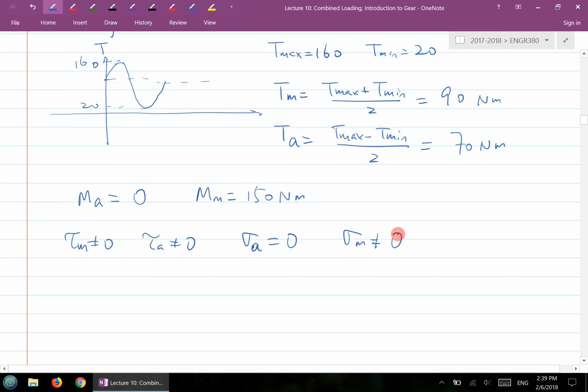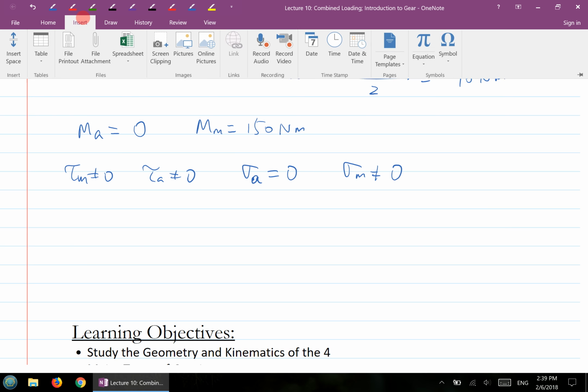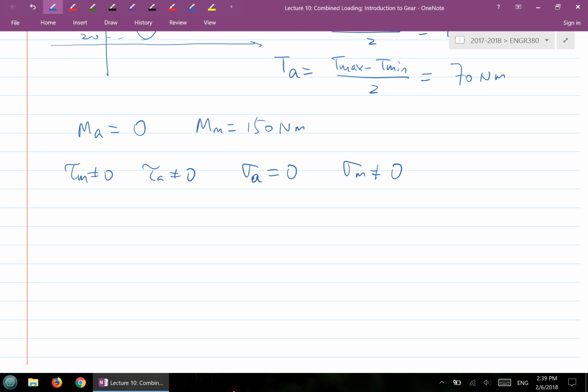That gives us the overall idea for all the components of sigma and tau, and this is apparently a combined loading case. So we need to use our formula to calculate combined loading situations. So we can calculate tau a at that notch area.